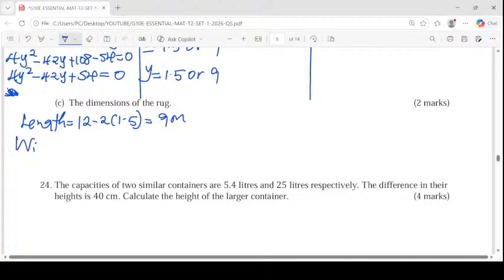Then our width will be 9 minus 2 times 1.5, so this is 6 meters. So it is 9 meters and 6 meters, which gives you an area of 54. I think that one is well done for that particular question.